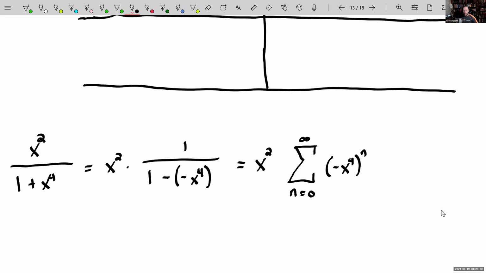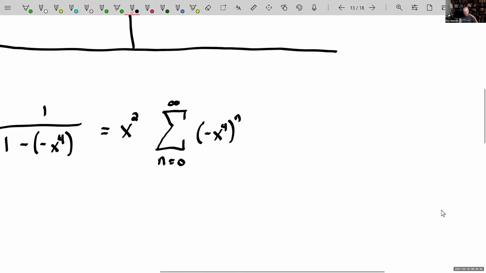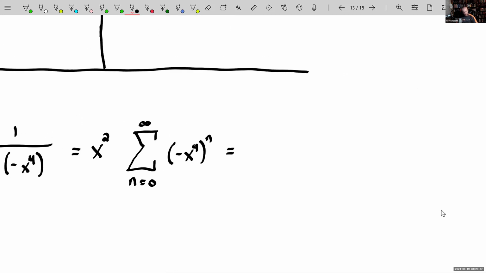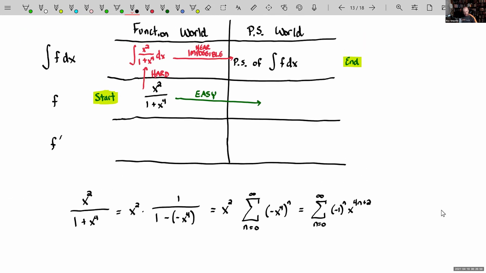Now that should be cleaned up. So let's go ahead and clean that up. That's going to be the power series of n equals 0 to infinity. We'll have a negative 1 to the nth. We have x to the 4n, and we're adding 2 more powers, so it's going to be x to the 4n plus 2. Great. That was pretty easy, actually.